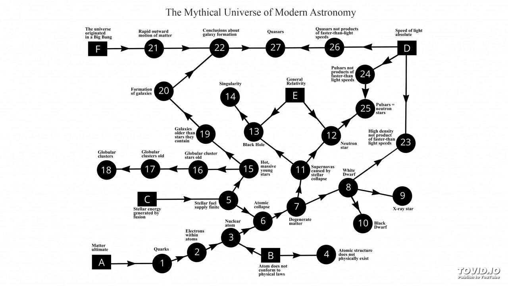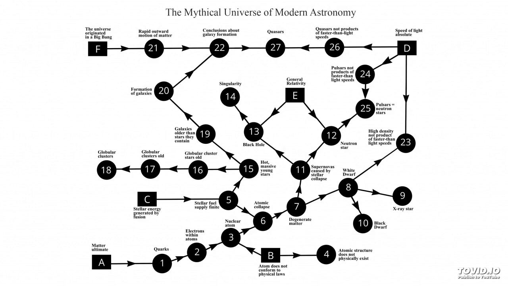Now, this is not the only astronomical evidence that shows that they have their sequence upside down. There are quite a number of other items that I won't be able to discuss tonight because we just simply haven't enough time. But there is one item among them that I do want to call to your attention because it has a particular significance. This item has to do with the age and origin of the globular clusters.